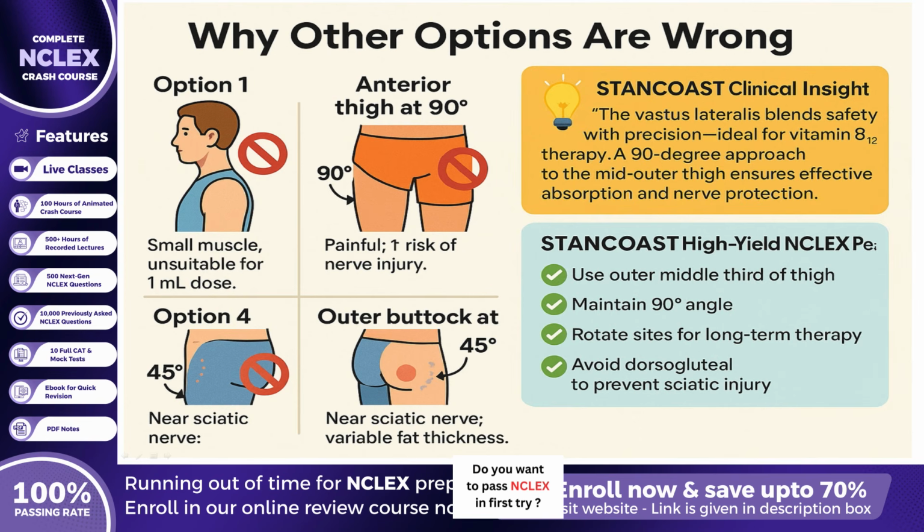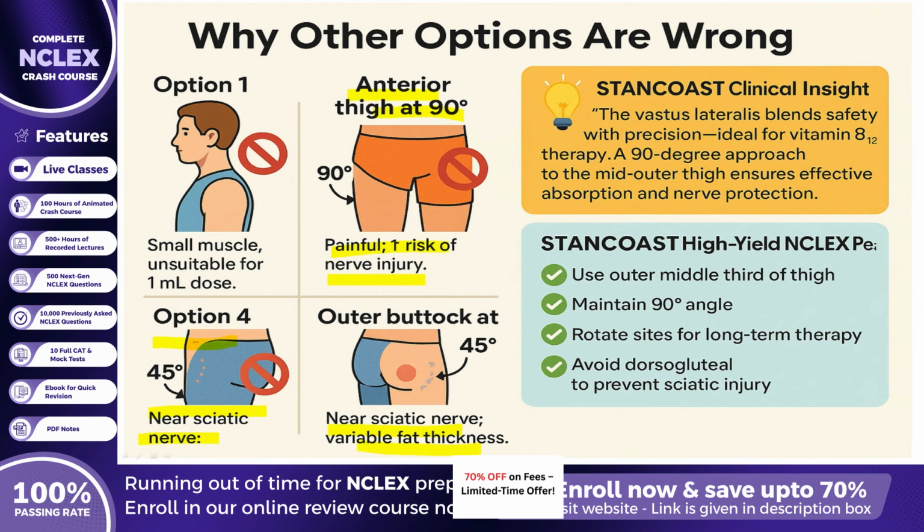Moving to option 3, anterior thigh at 90 degrees, this targets the rectus femoris muscle, which can cause greater discomfort and a higher risk of nerve injury, making it a less preferred site. Finally, option 4, outer buttock at 45 degrees. This describes the dorsogluteal site, which is no longer recommended due to its proximity to the sciatic nerve and unpredictable fat thickness that can lead to inconsistent absorption.